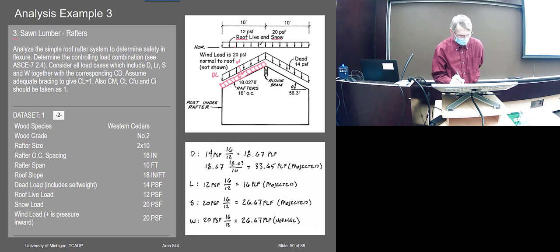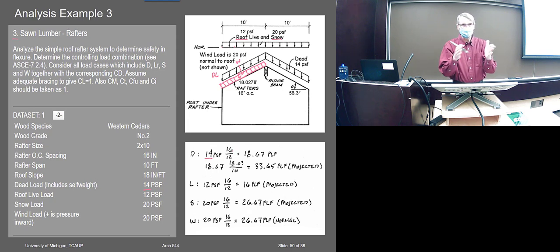So the loads are given here. The dead load is 14. The spacing of the rafters is 16 inches on center. So the first thing we have to do is convert the PSF load into PLF on the rafters. So I've got my PSF load, which is what it's given in, and then I'm going to convert it down.